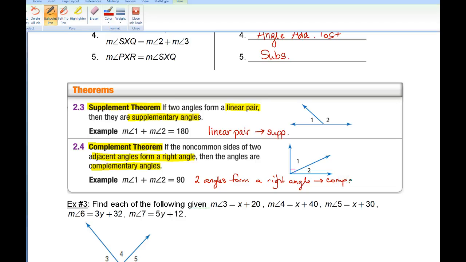Or if you remember that it's called the complement theorem, then just call it the complement theorem. The complement theorem just means you basically have a right angle with another ray extending, so the 2 adjacent ones have to add up to 90.